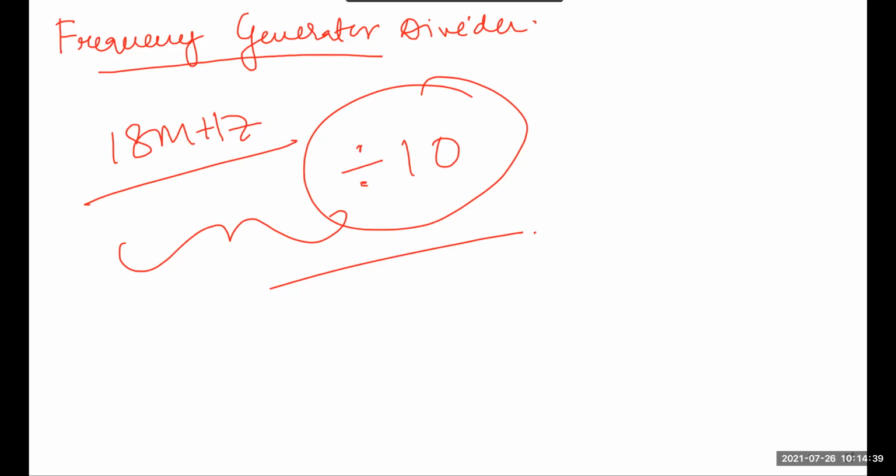Various assembled frequency generator and divider circuits are available in the market. But they are quite expensive, because whatever device we use in our laboratory for our experiment can't be so expensive, right? It has to be somehow commercial.